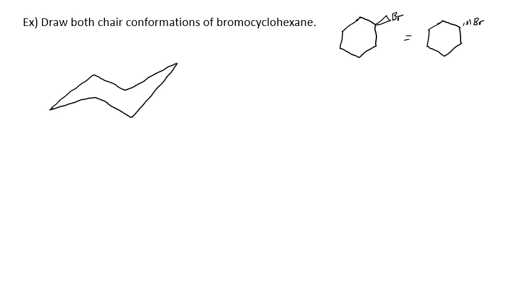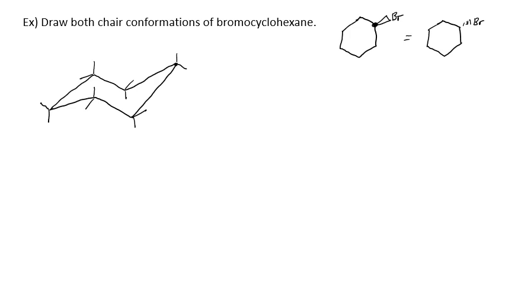Okay, step 1, draw the chair. Step 2, draw in all of your substituents. Okay, now we have to put the bromine in. So pick a carbon. It doesn't matter. Let's start with the carbon with the bromine.